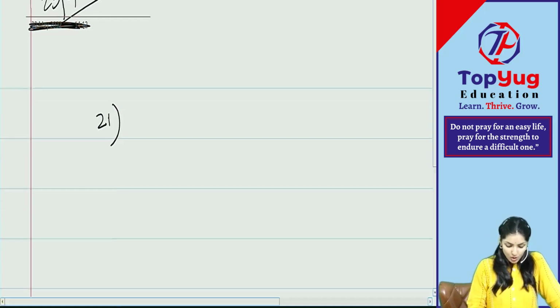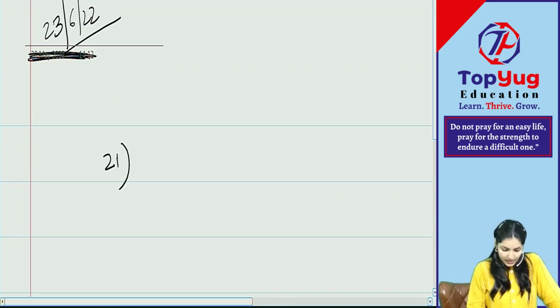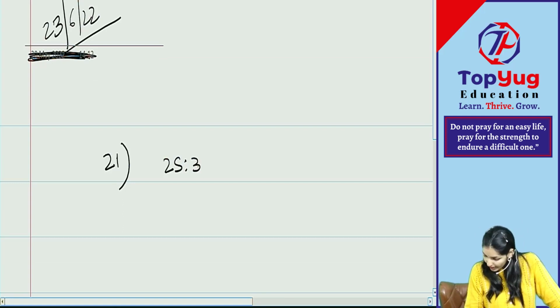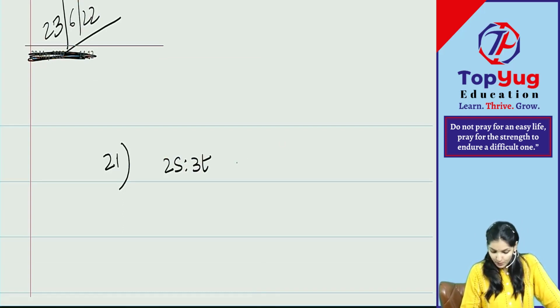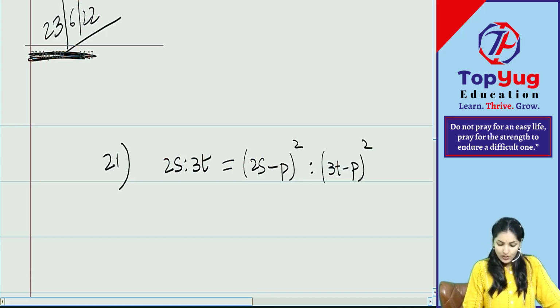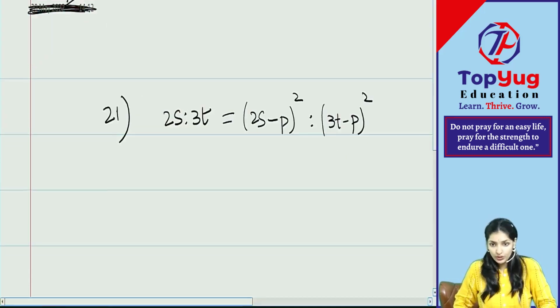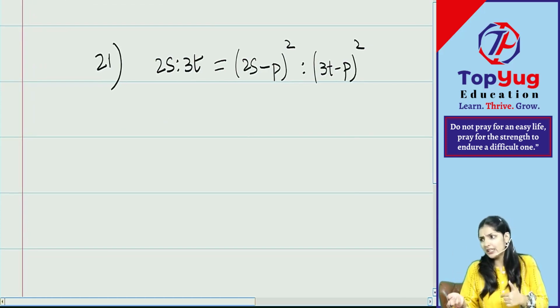So the 21st question, I am reading it out loud. If 2s is to 3t is the duplicate ratio of 2s minus p is to 3t minus p. So if I duplicate 2s minus p is to 3t minus p, then only I'm going to get 2s is to 3t, because we have to duplicate it, as simple as that.